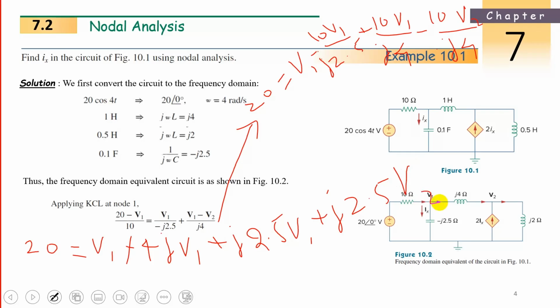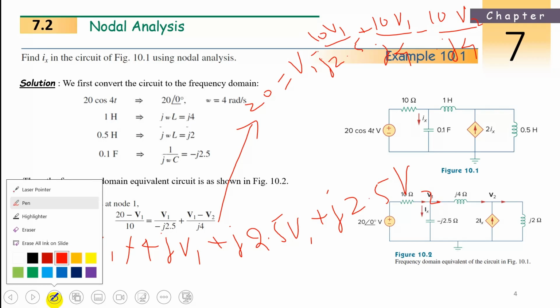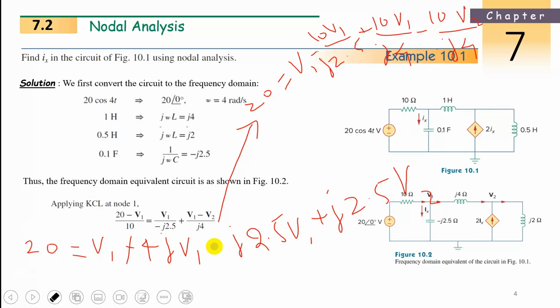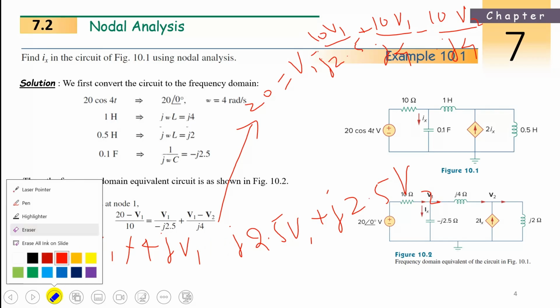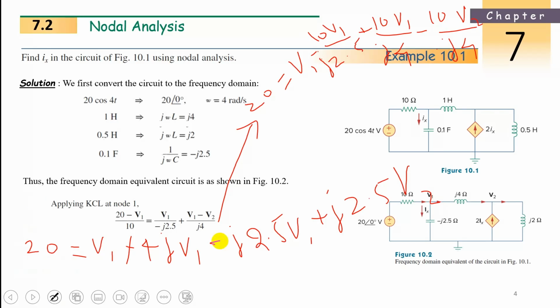Now how many V1s and V2s are here? Here minus j, because 1 by minus j2.5 is there. If it goes upside, it becomes plus, and again minus, then j squared becomes minus.